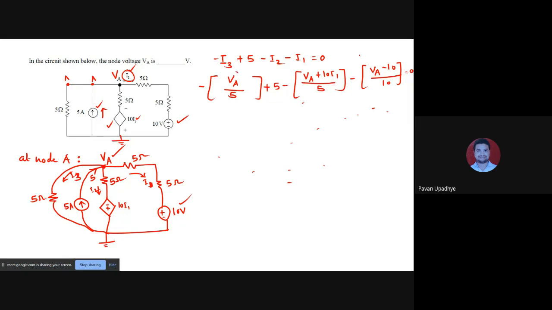One is VA, which is to be found out, and other is I1. So VA is one unknown, and other is I1. So if we replace I1 intelligently, then this equation will be one equation and one variable, so it can be found out. So please think of how to replace I1.